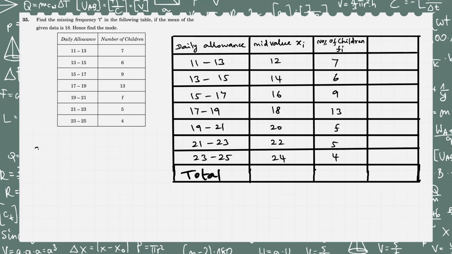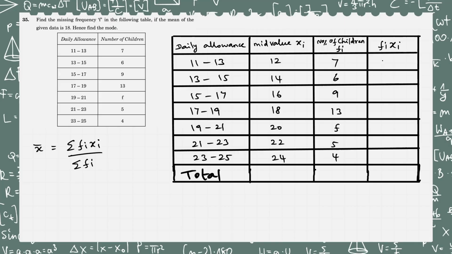And you guys know that mean x bar equal to sigma Fi xi divided by sigma Fi. So for that we want to find out first Fi into xi. So let us multiply the values in the second and third columns and write that answer in the fourth column of every row.